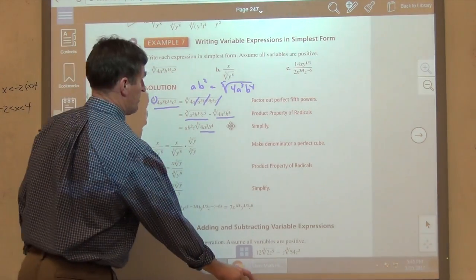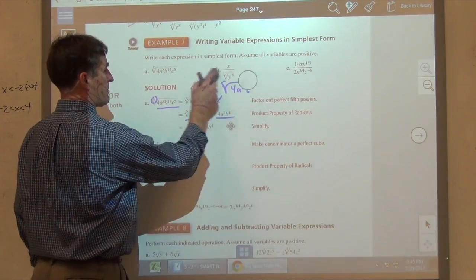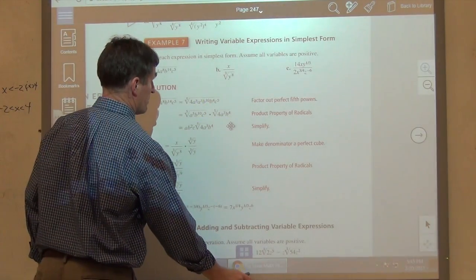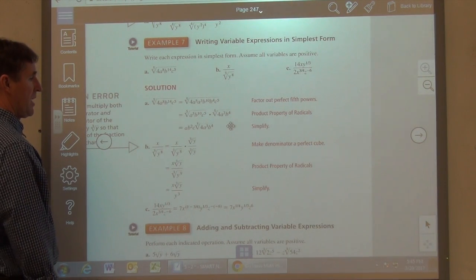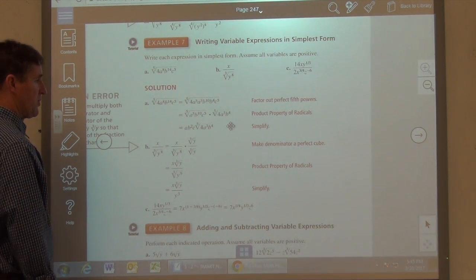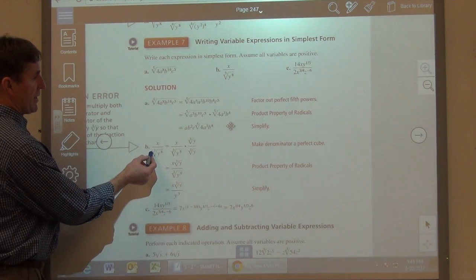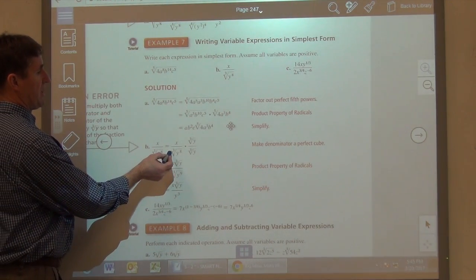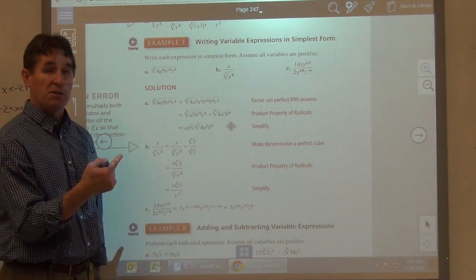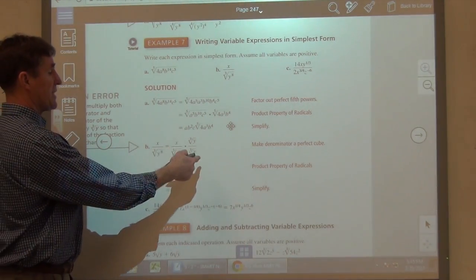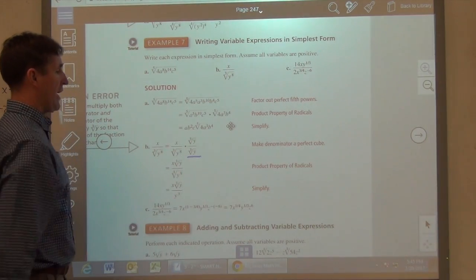If you look at the next one, again, there are different ways to do this. We need something we can take the cube root of. They took the cube root of y to the 8th, and the first thing divisible by 3 that's greater than 8 is 9, so we need one more y.